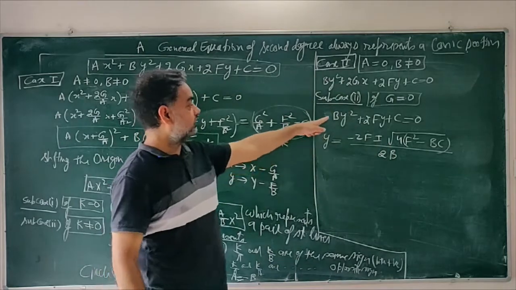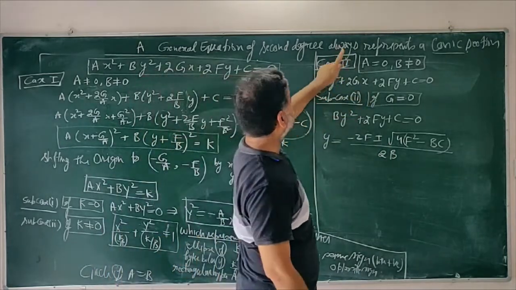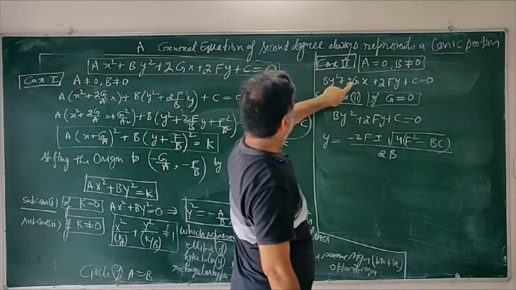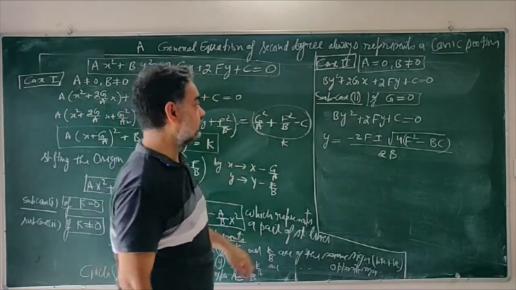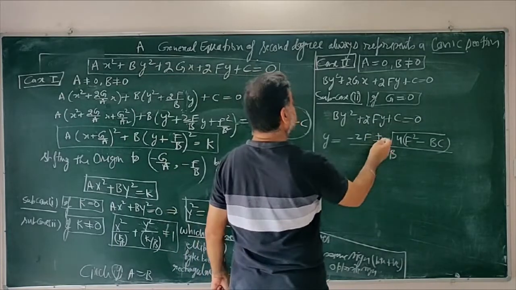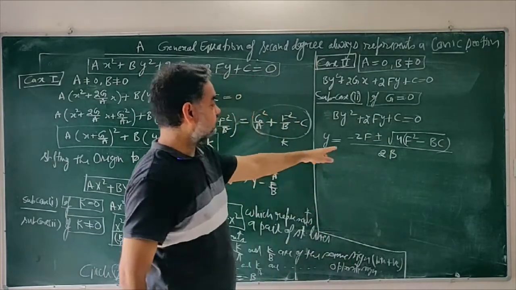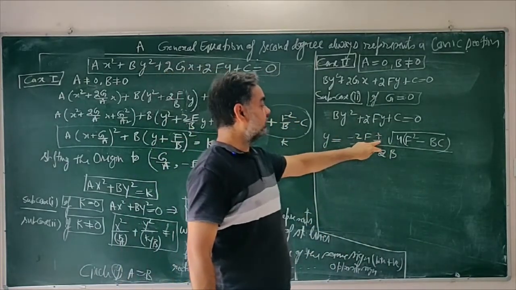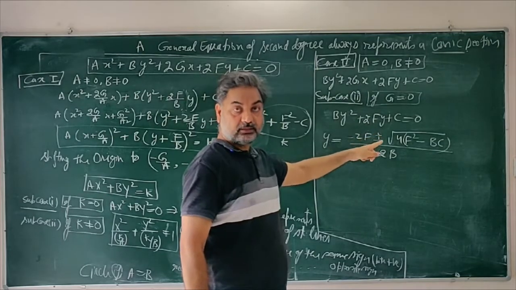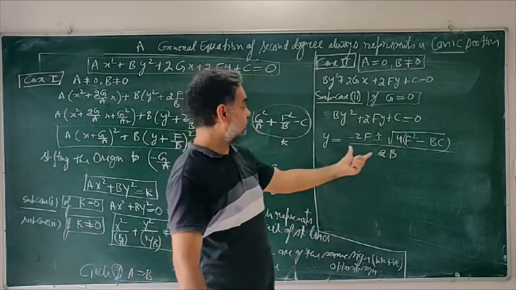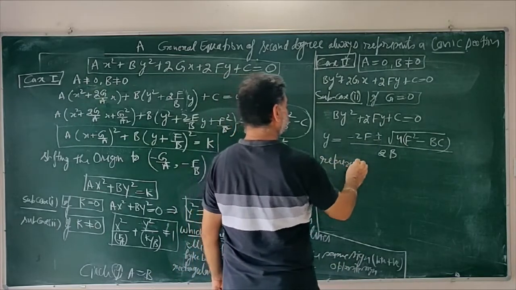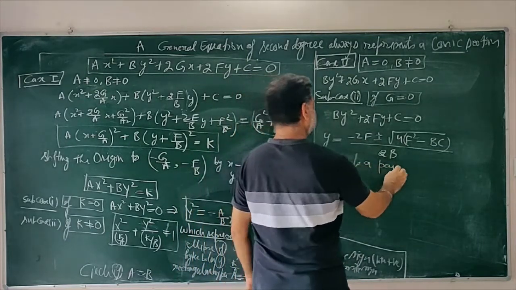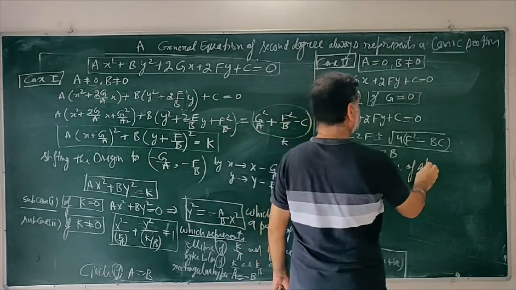Then you can find, if g is equal to 0, this equation will become this equation, and from here you can find y like this, and this represents a pair of straight lines by taking plus sign here, and next time you take negative sign. So this represents a pair of straight lines.